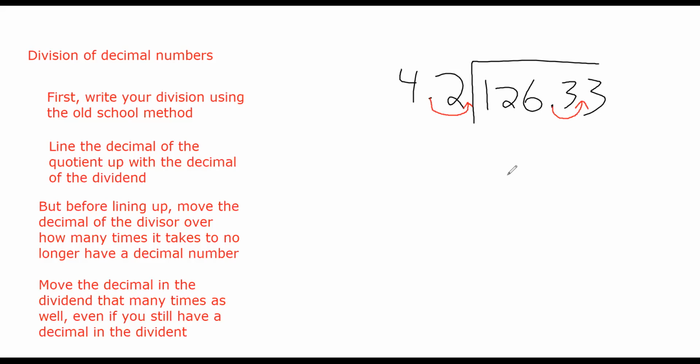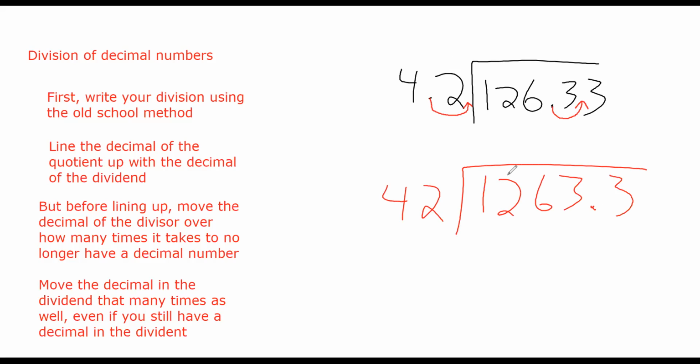So it's almost like I'm really dividing 42 into 1263.3. Now there's no longer a decimal in the divisor. There's still one here in the dividend, but there's nothing we can do about that, except we could even make that 420 and move it over again, but we're not going to do that.